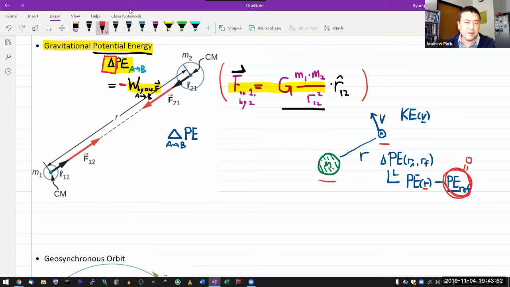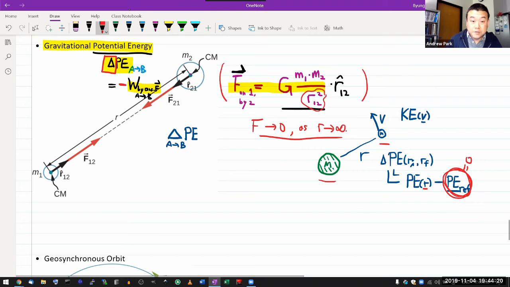Now, when you're dealing with something like gravity, which is an inverse square law, the gravitational force goes to 0 as your distance goes out to infinity. It turns out there's a special reference point you can use. That's a universal reference point, and that universal reference point is infinity.